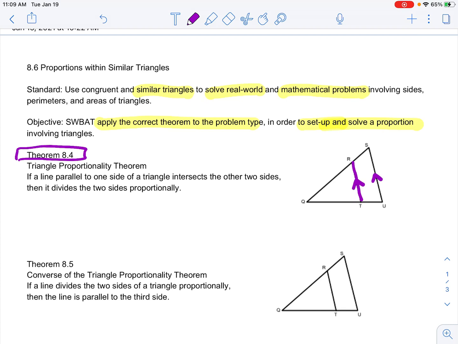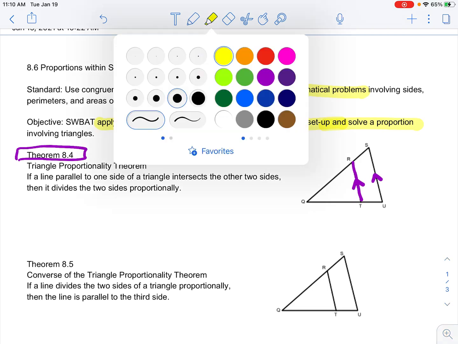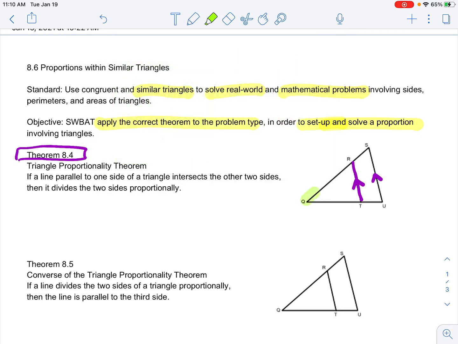If a line parallel to one side of a triangle intersects the other two sides, then it divides the two sides proportionally. What does that mean?